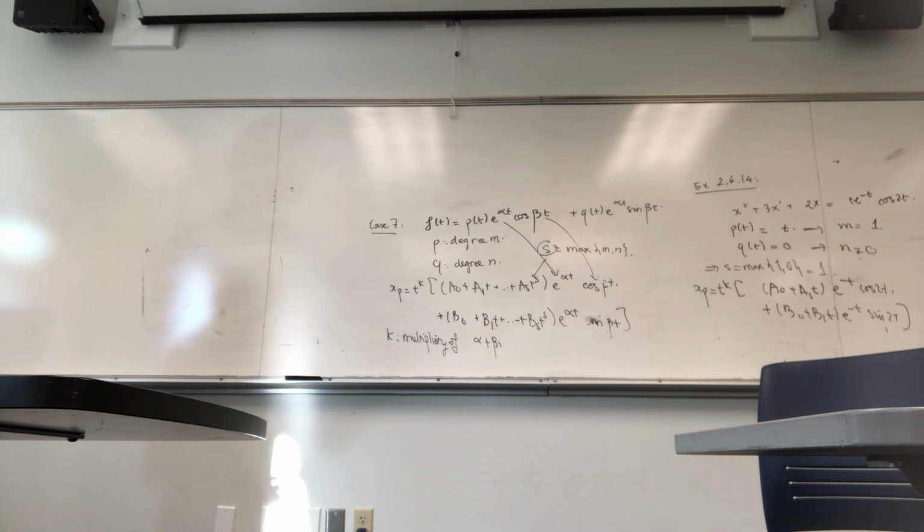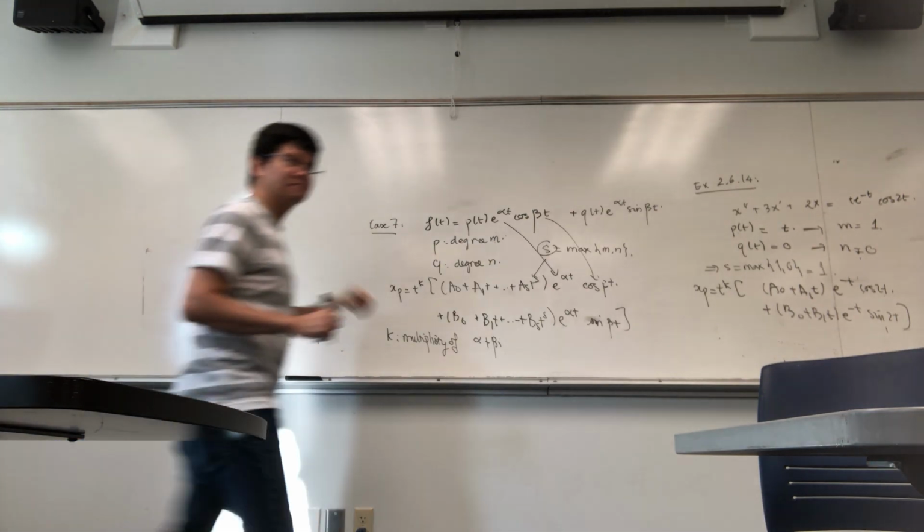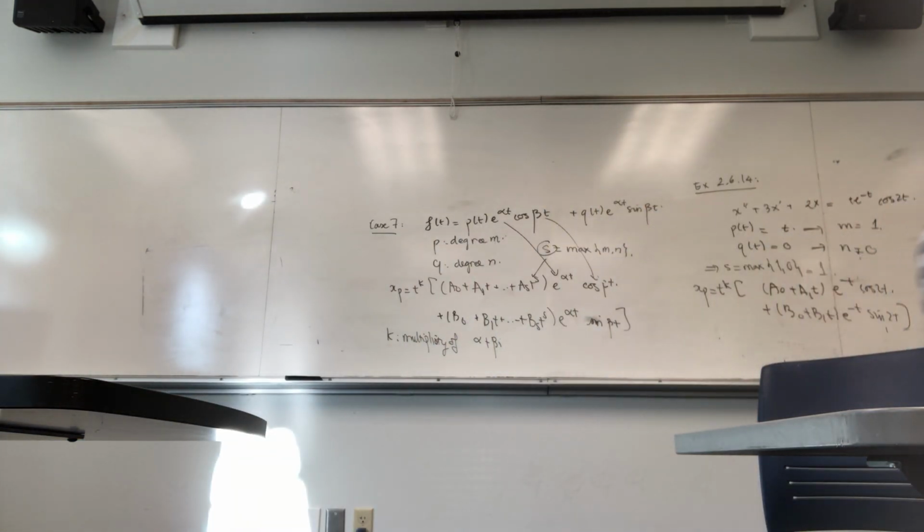What is the k? Yes? The k is 0 because r is equal to -1 and -2. So k is the multiplicity of minus 1 plus 2i as a root of r squared plus 3r plus 2 equals 0.